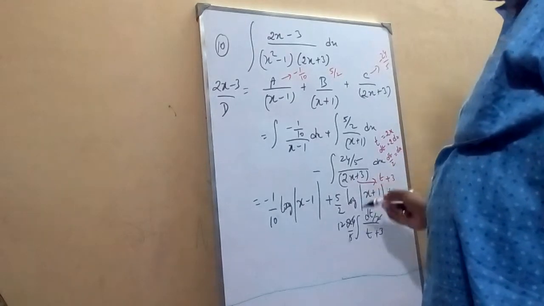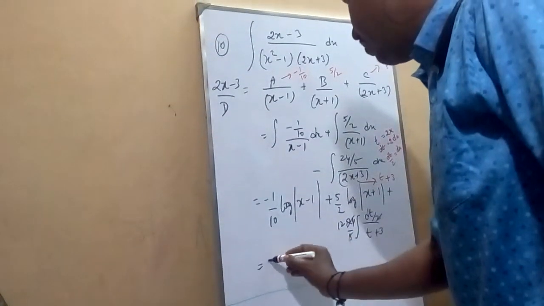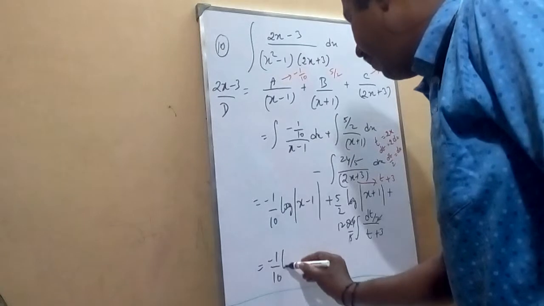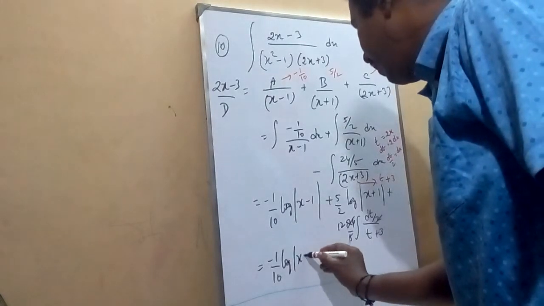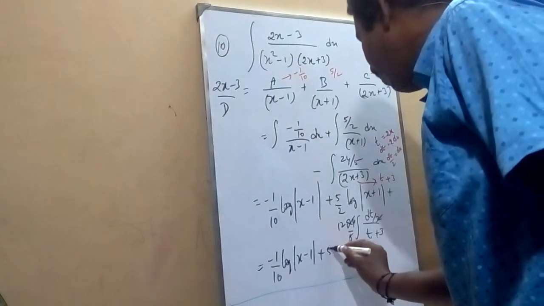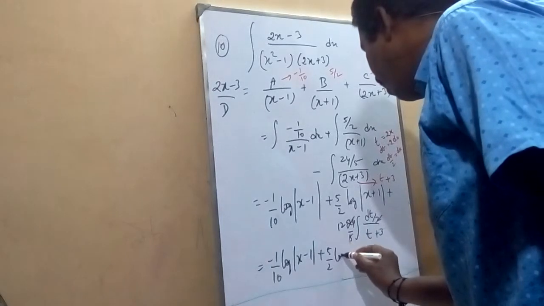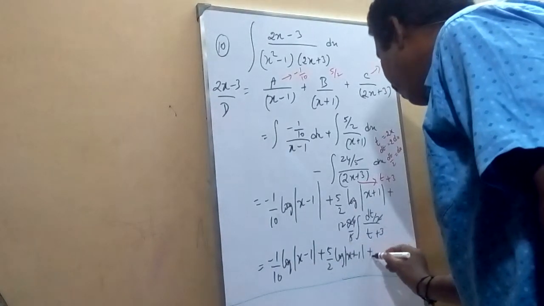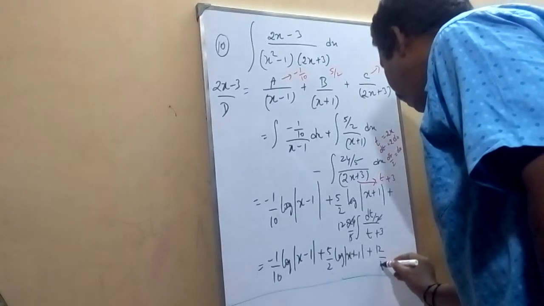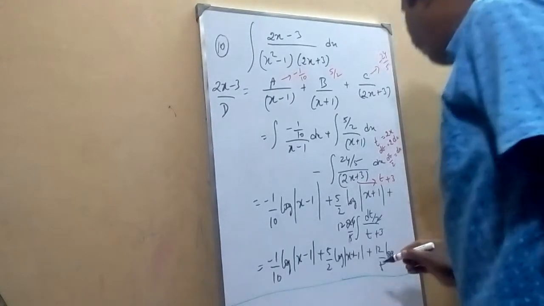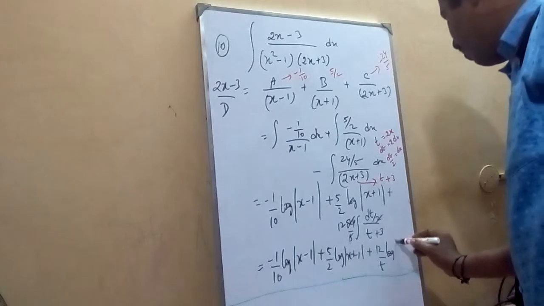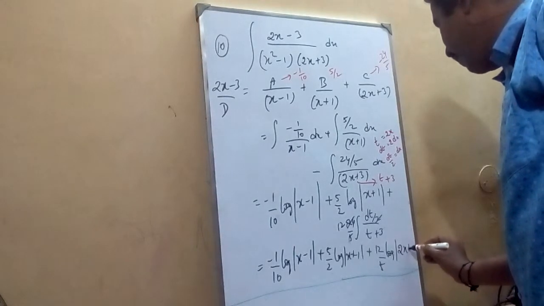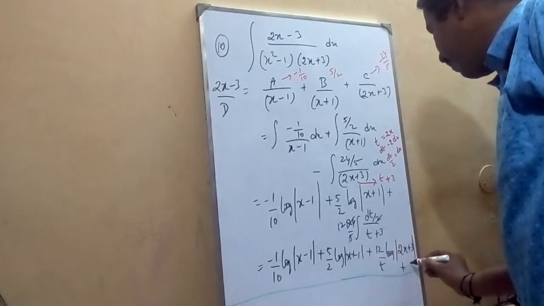So it is minus 1 by 10 log of (x minus 1) plus 5 by 2 log of (x plus 1) plus 12 by 5 log of (2x plus 3) plus C. That's the answer.